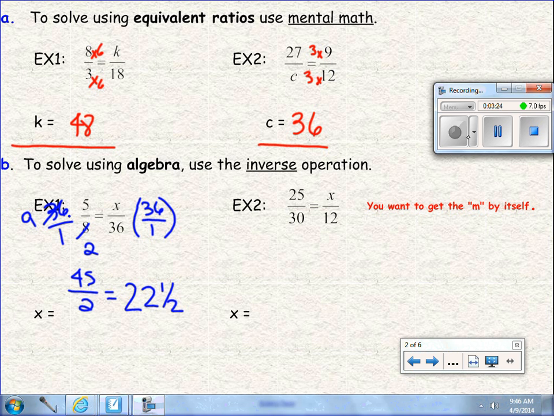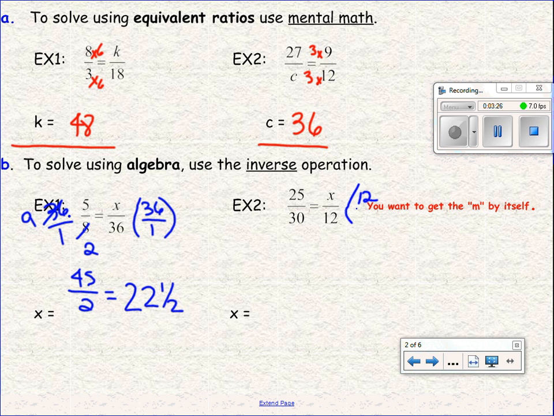In example 2, I'm going to multiply each side by 12 using the algebra method. These, of course, cancel out. We have x over 1. Common factor of 3. We can also simplify again.